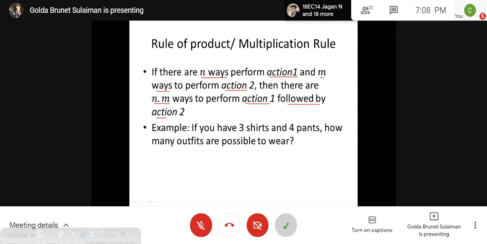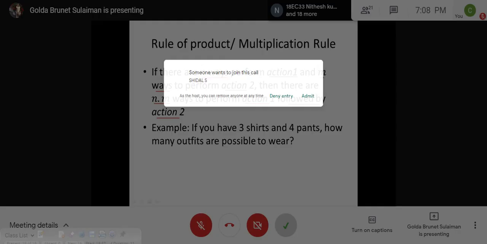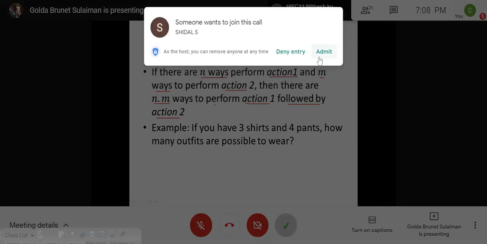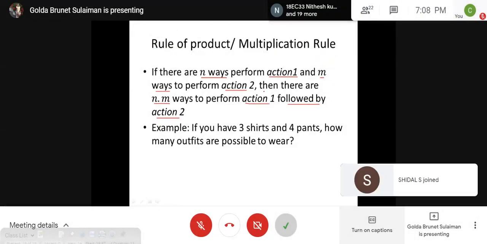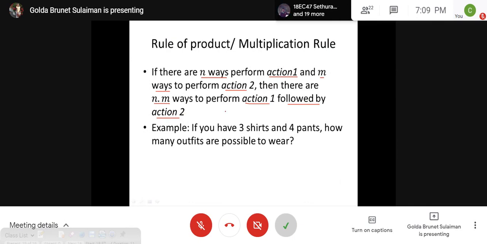So you have two actions, and we want to make a sequence, where action 2 will follow action 1. Any such sequence can be performed in n dot m ways, that is nm ways.